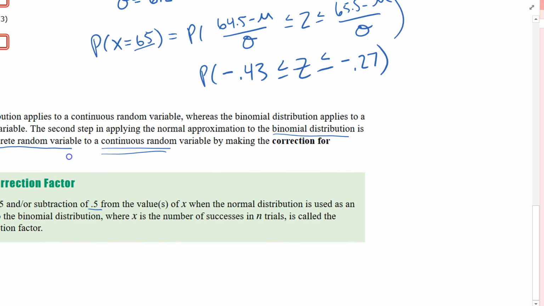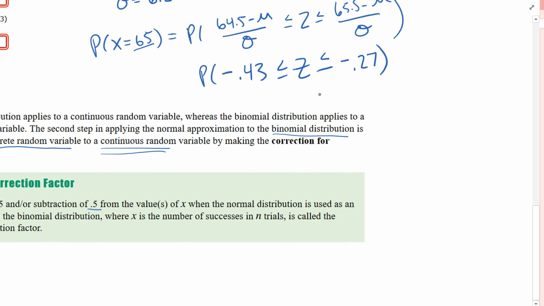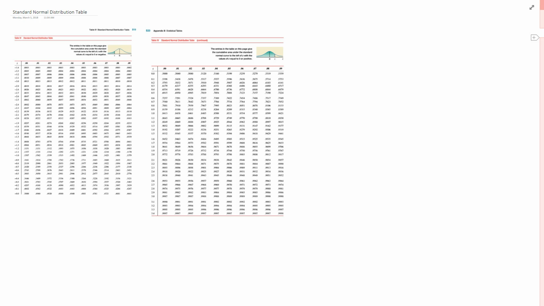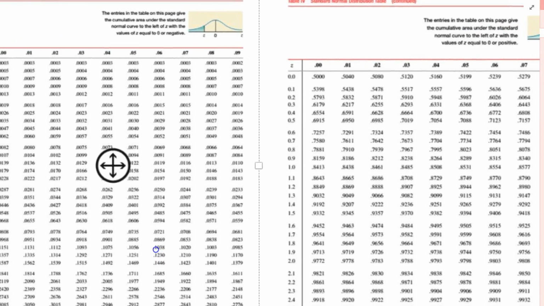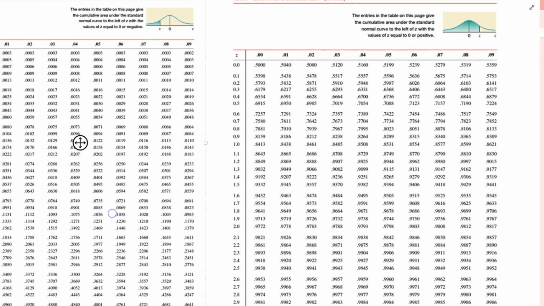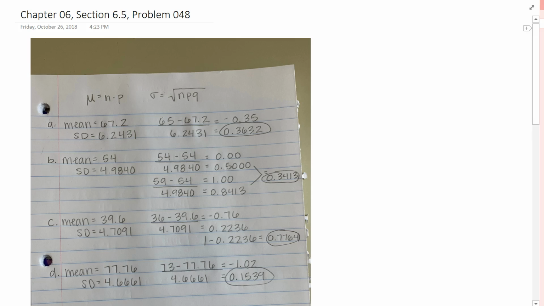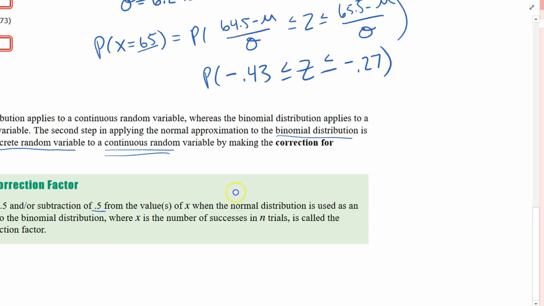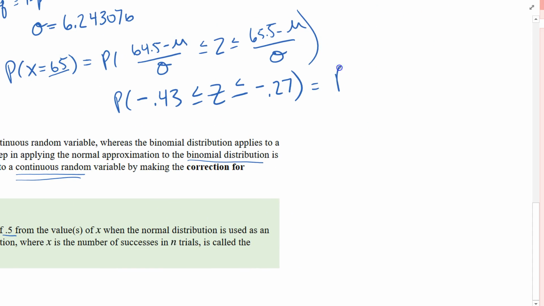Then I look at the standard normal distribution table for the area between those. I take the larger one minus the smaller one, so the area at z equals minus 0.27 minus the area at z equals minus 0.43.